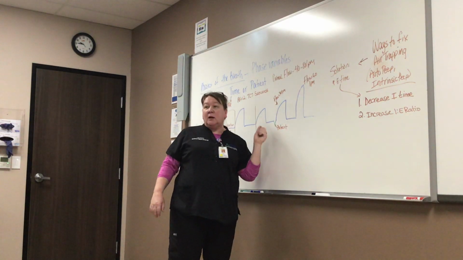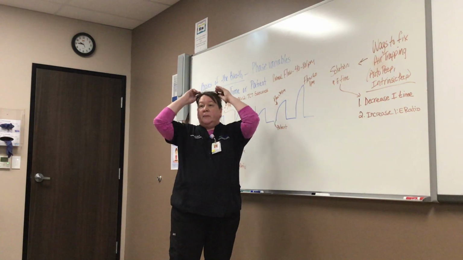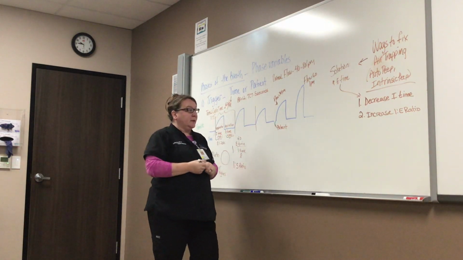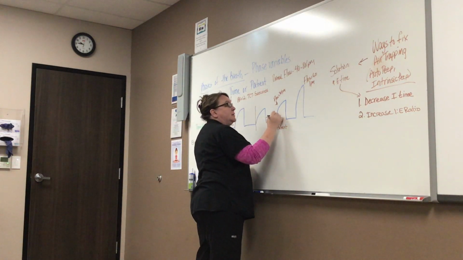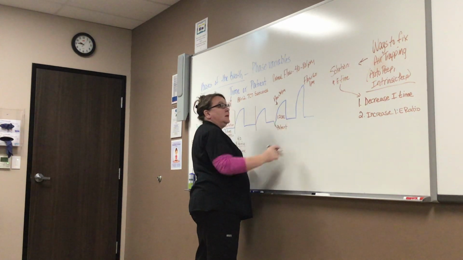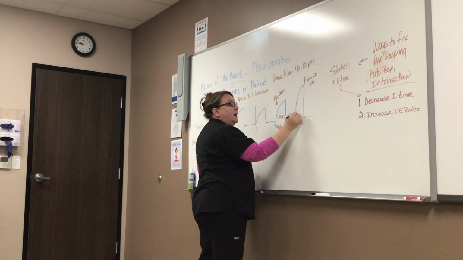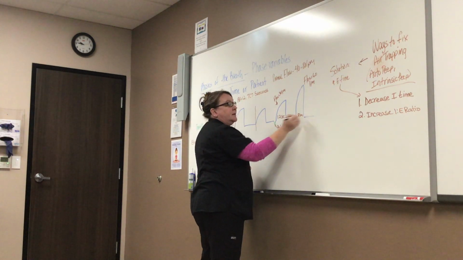Like an I time of 1, a flow of 60. So here, our flow is 30, and let's say our I time is 1.2 seconds. Here, my flow is 60, which drops my I time to 0.8 seconds.